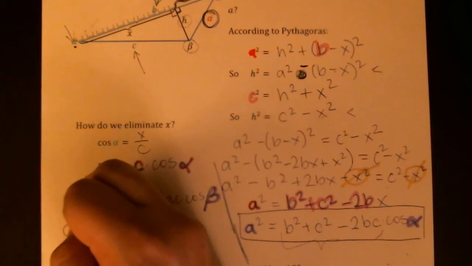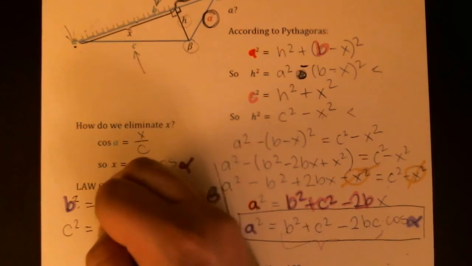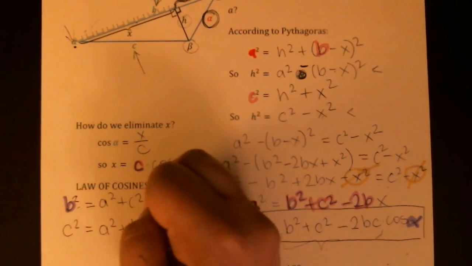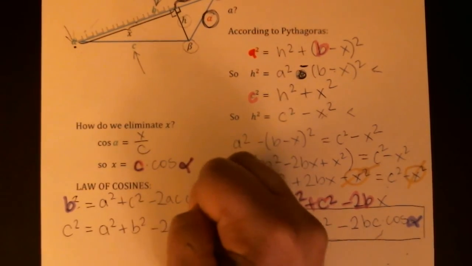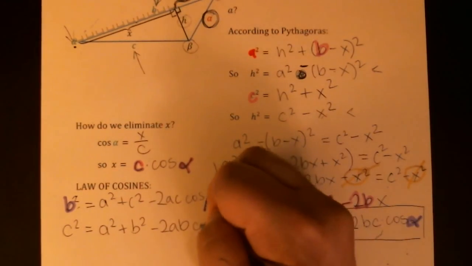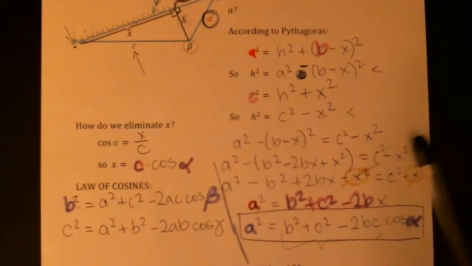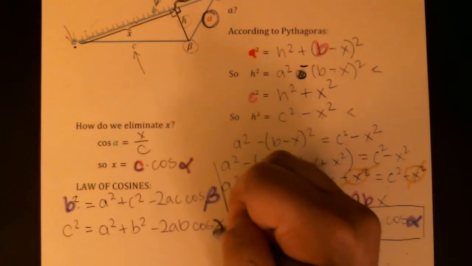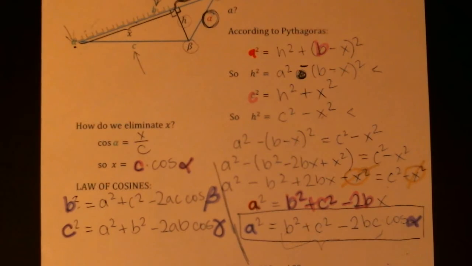And then the last one would be if I want it solved for c squared, then that would be in terms of a squared plus b squared minus 2ab, so all a's and b's, and then it would be cosine of gamma. Once again, you have to get that opposite pair. So that's the three versions of the law of cosines. Like I said, on tests, I will give you one of those versions, and you have to be comfortable enough to reproduce any of the others.